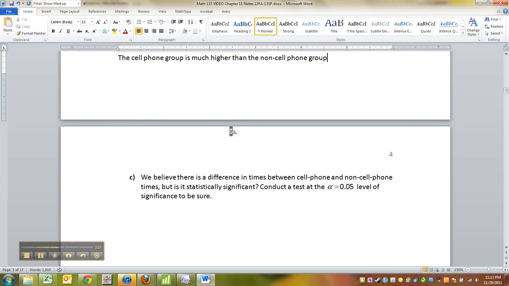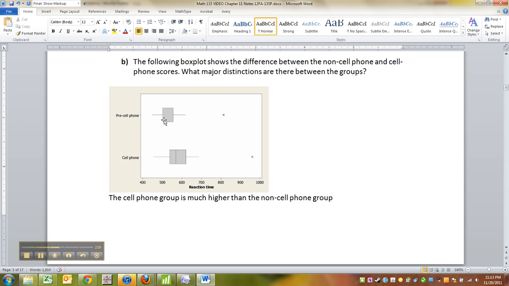I don't know if you can see it, probably can't. The median for the non-cell phone group is lower than the first quartile for the cell phone group. So the median for non-cell phone is lower than Q1 for the cell phone group. That's just for starters, right?